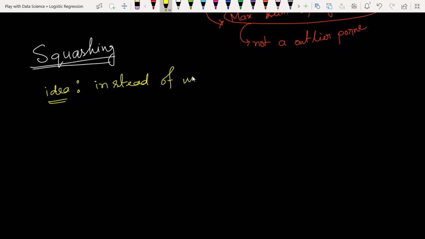Instead of using the signed distance directly, we apply some conditions.